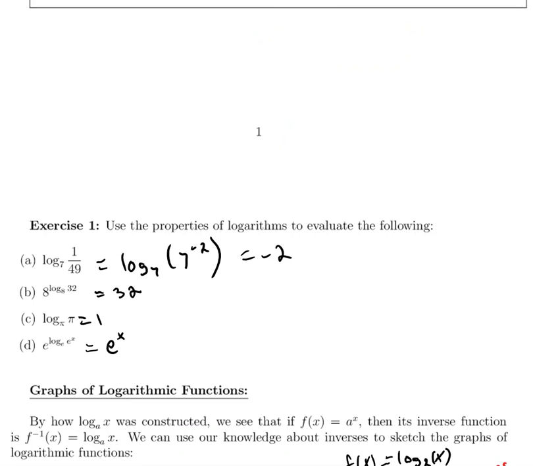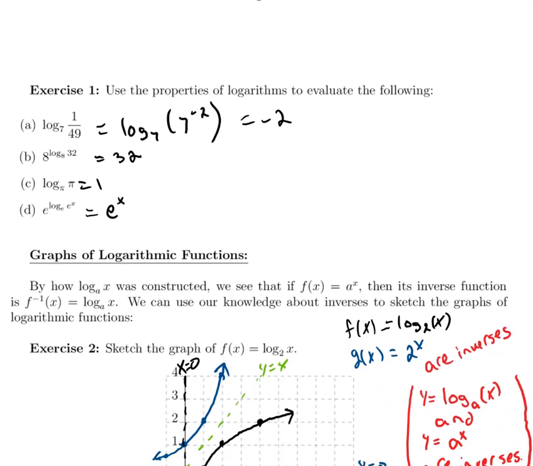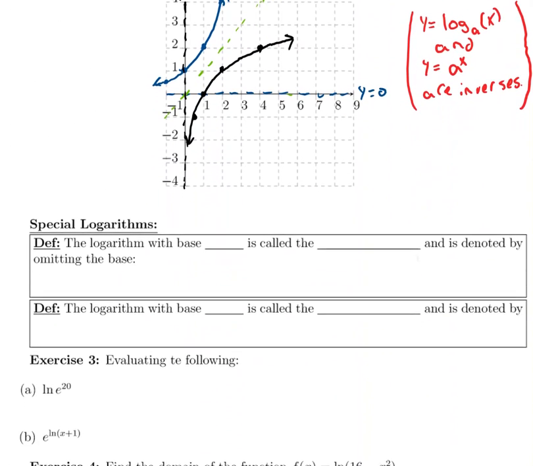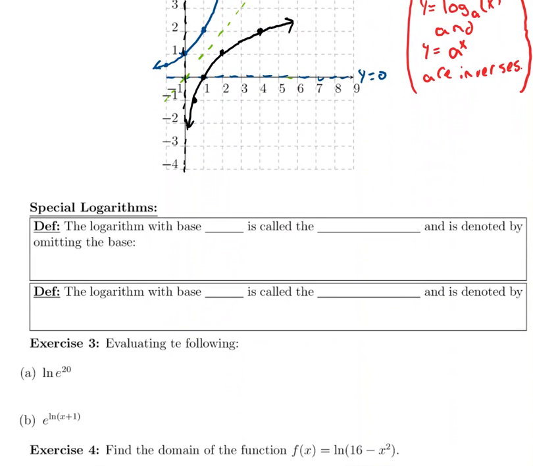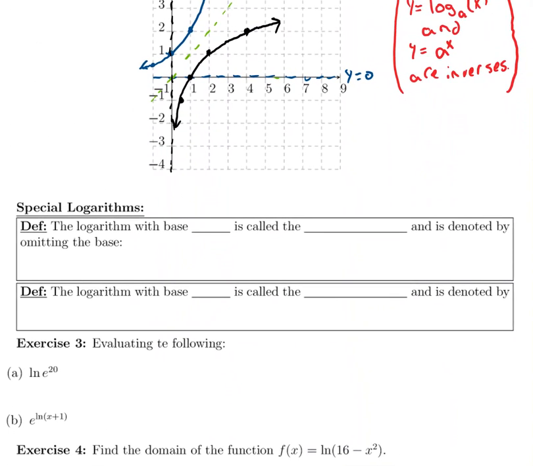So we can use properties of logarithms to evaluate logarithms. Sometimes you might get a function, sometimes you'll get an explicit value. But another thing you want to keep in mind with these problems is that notationally we might get something different. So there's some special notation you want to know for logarithms. The first is when we have base 10.